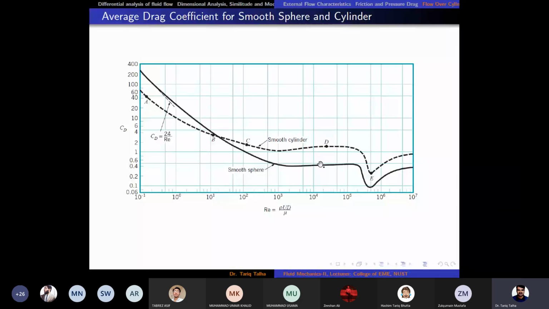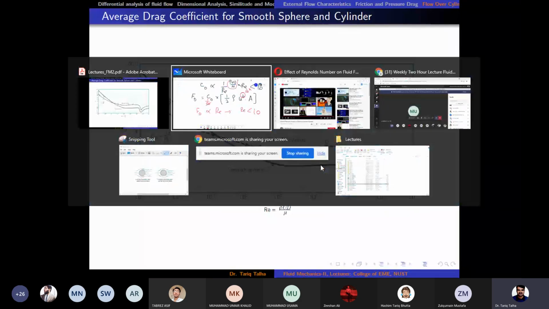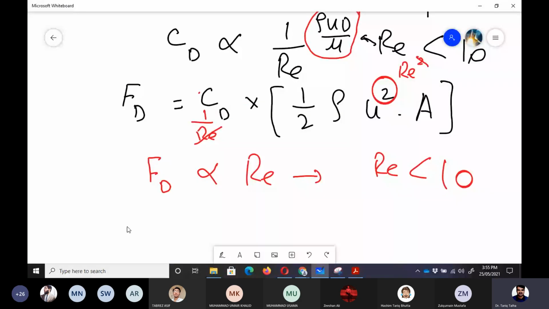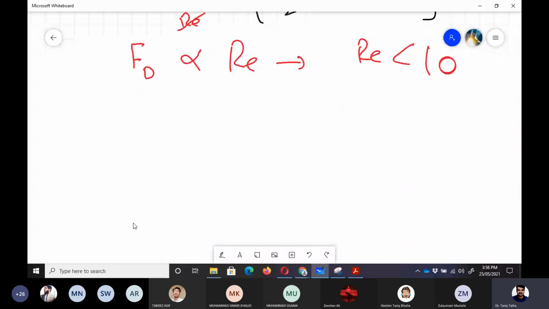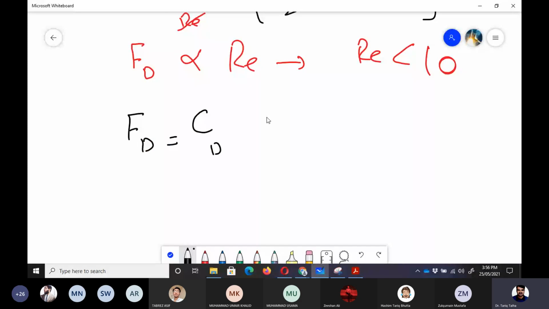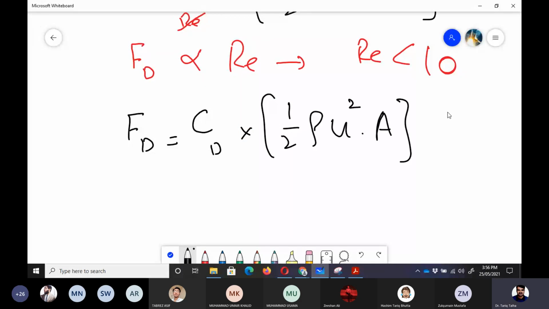So in this formula, if I write it again for the range, FD is equal to CD into half rho U square into area. Now I am talking about Reynolds number greater than 10 to power 3, which is 1000, and less than 10 to power 5. So this is the range from 1000 to 1 lakh.